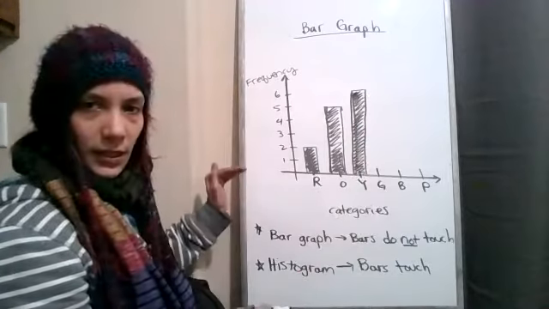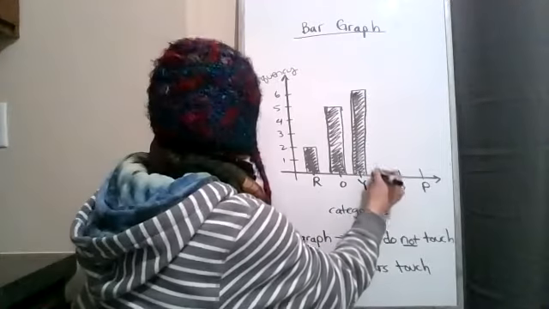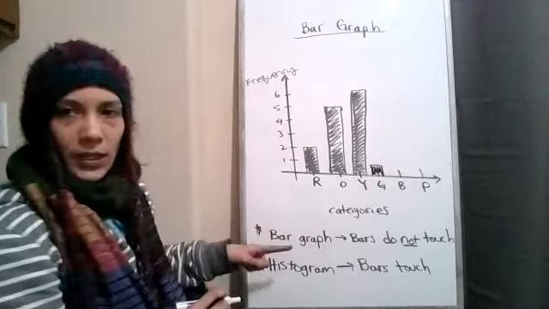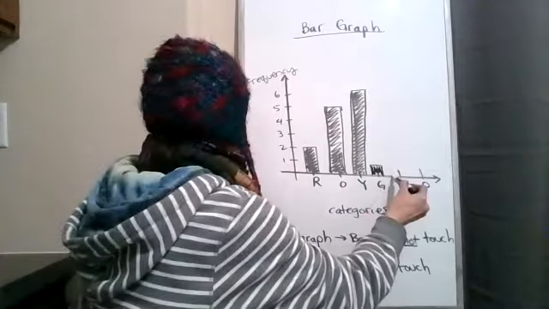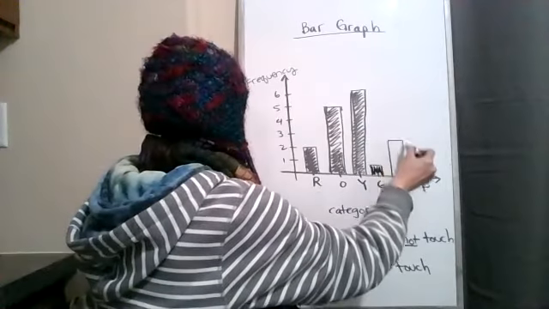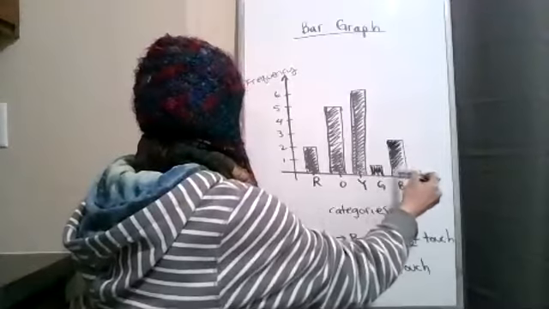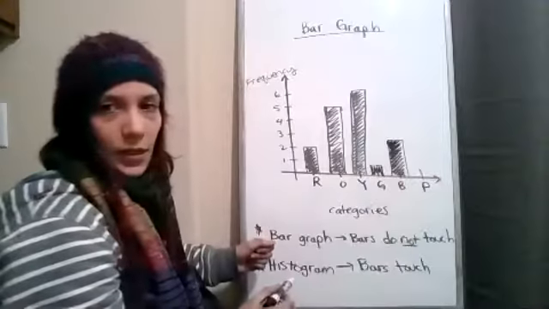Green is height 1. Blue is height 3. Purple goes up to 4.